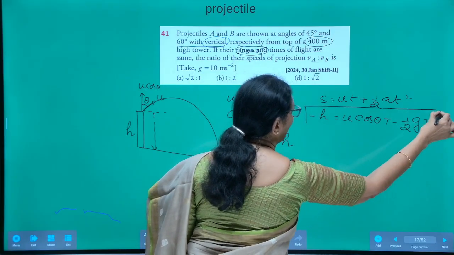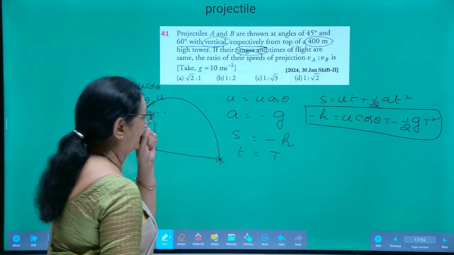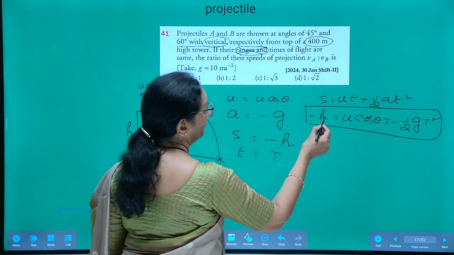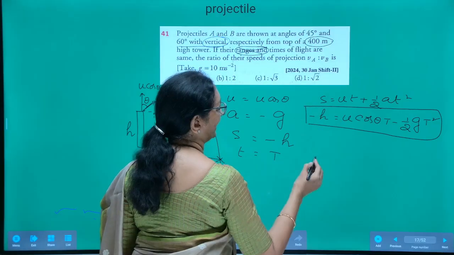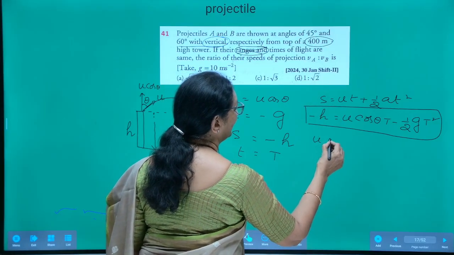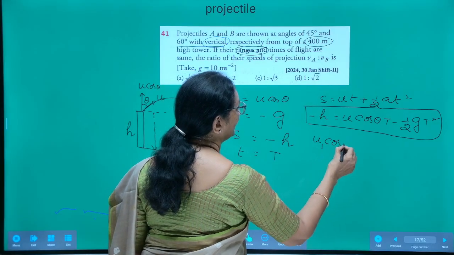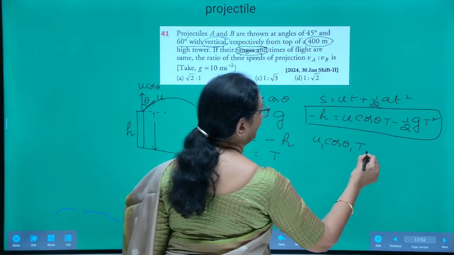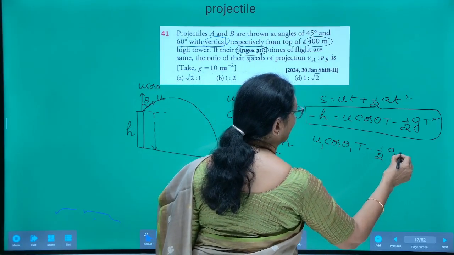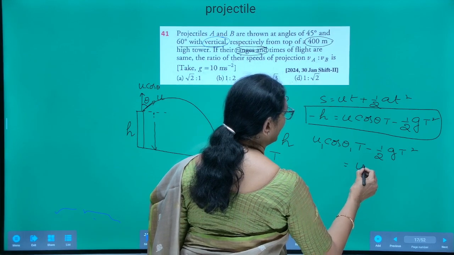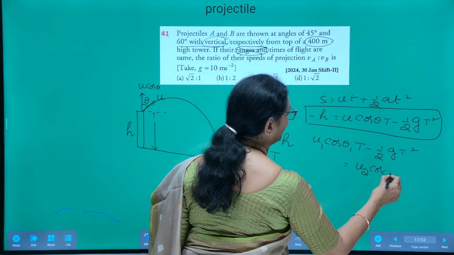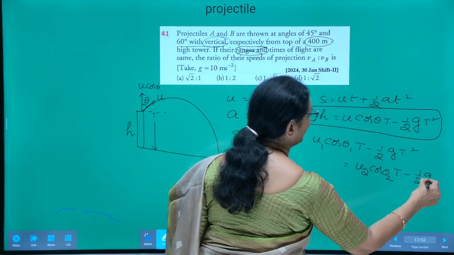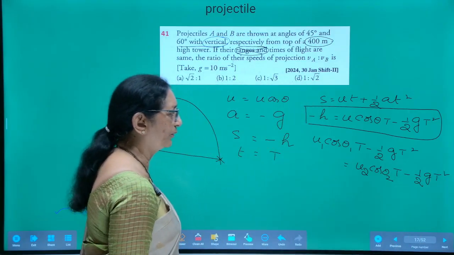So, let us make use of this equation in both cases. Here in both cases as h is same, you can just equate u1 cos theta 1, t is also same, minus half g t square is equal to u2 cos theta 2 t minus half g t square, as t is same in both cases.